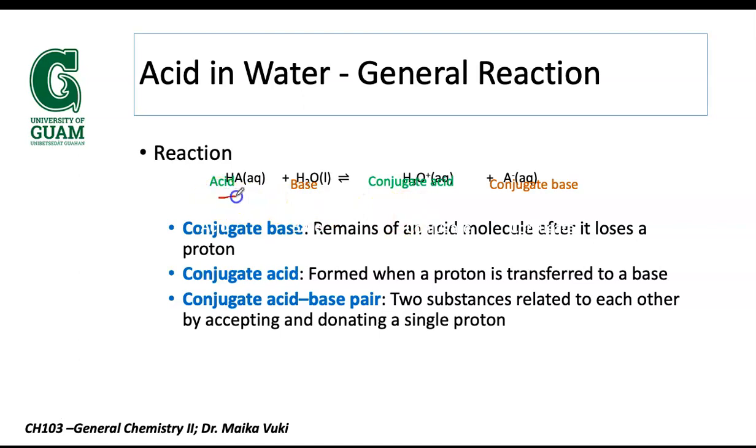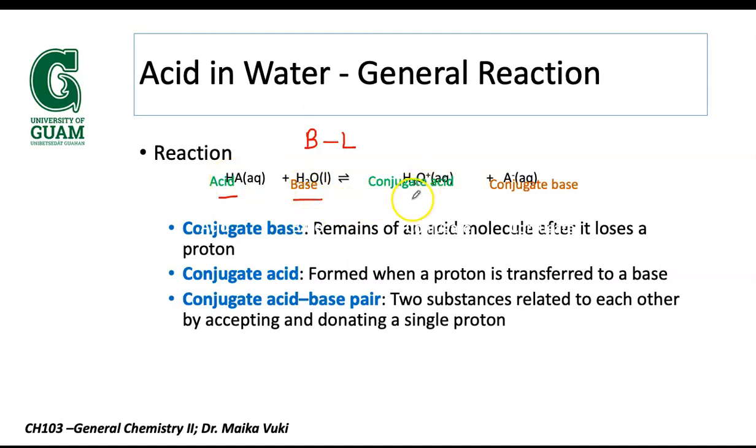If this is the acid and this is the base, why is this an acid? This is a proton donor. This is a proton acceptor. So we are using the Bronsted-Lowry definition: acid is a proton donor and base is a proton acceptor.